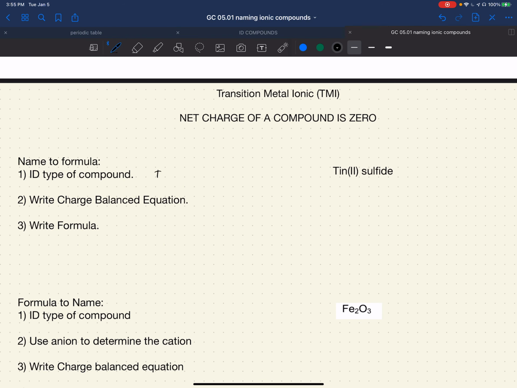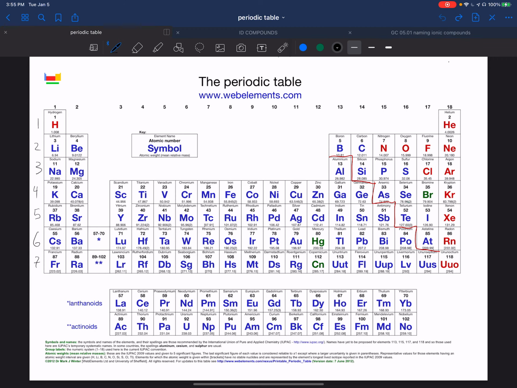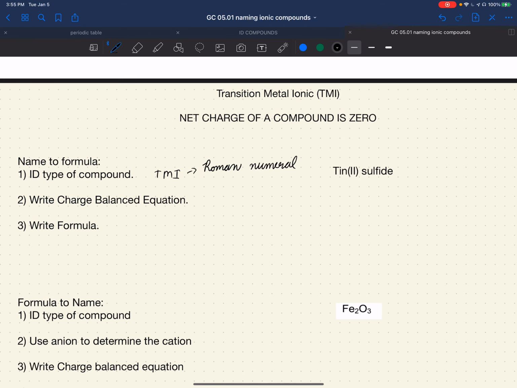Okay, so the next thing that we're going to do is write the charge balance equation. So I can get the charge of sulfide from the periodic table. It has a charge of -2. Now tin's down here.